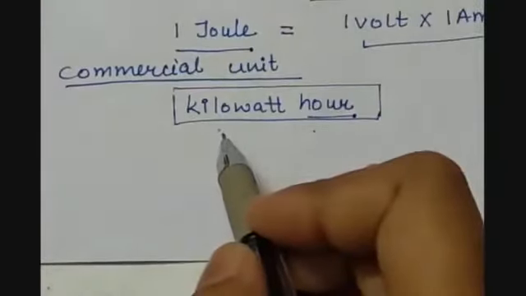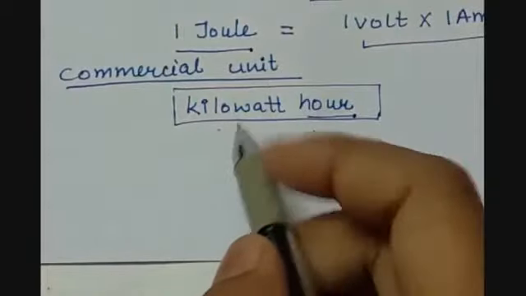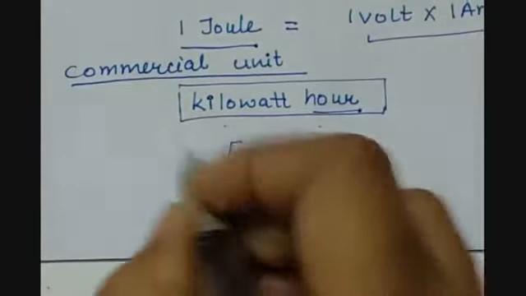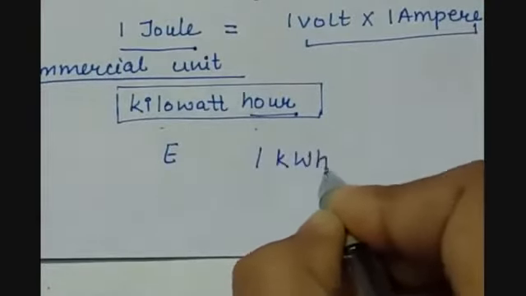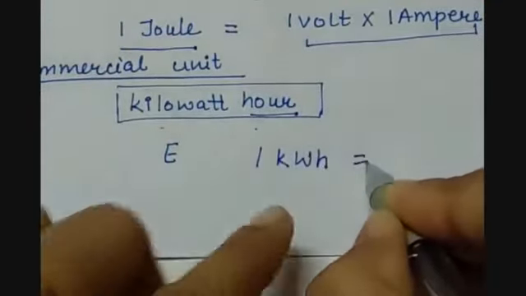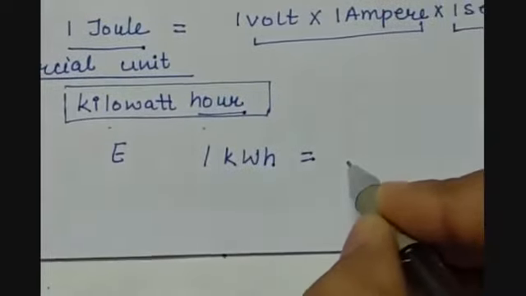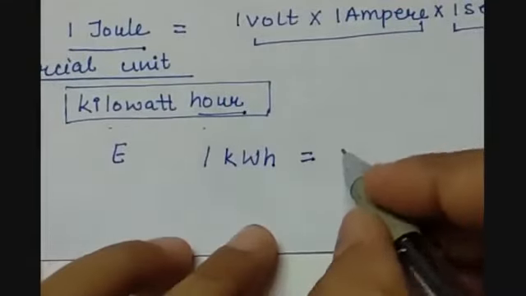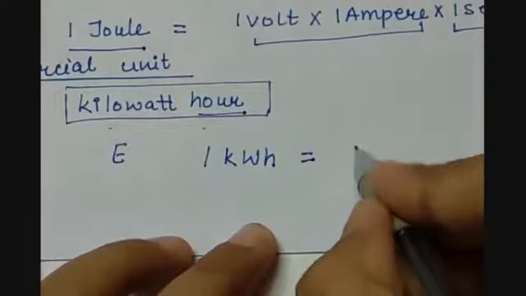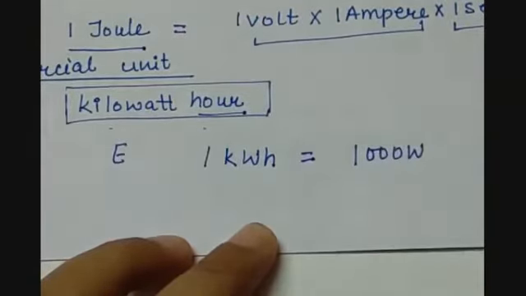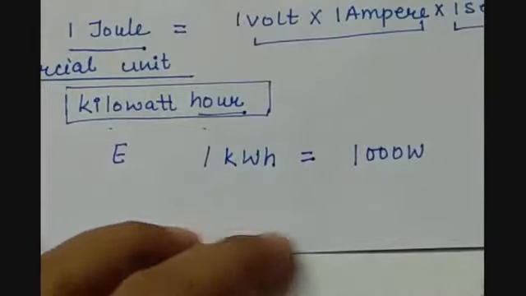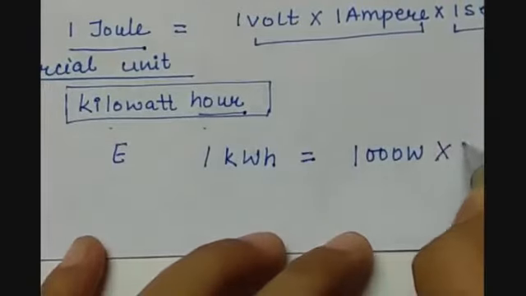And we can define 1 kilowatt hour as the amount of energy used when electrical appliances of 1000 watts are used for 1 hour.